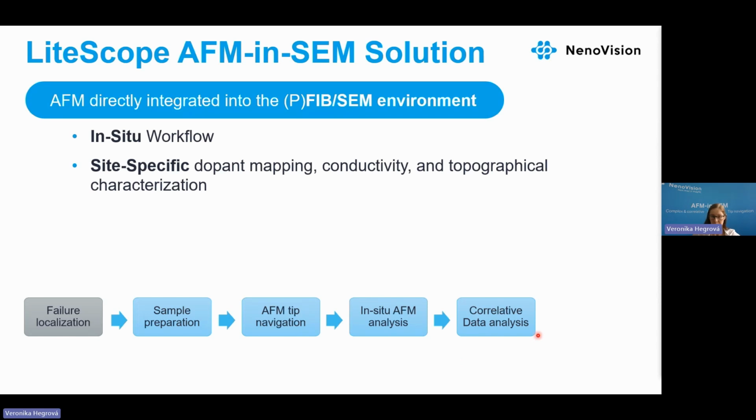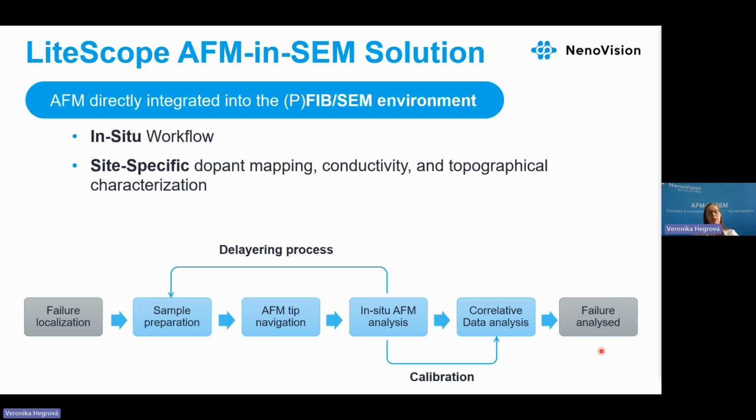Then we correlate it together with SEM-based techniques, and we can compare it and understand the failure. So the failure at the end is analyzed. There are some cycles. As for the delayering process, I will be talking about it later, or the calibration, and all of it was without compromising the sample integrity.